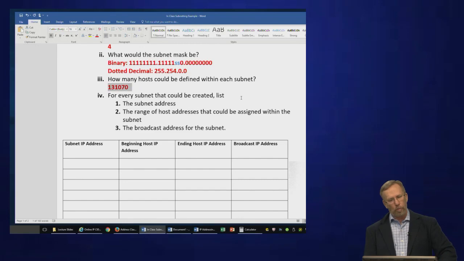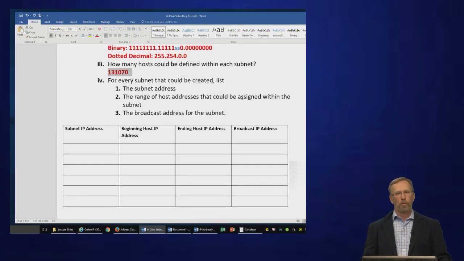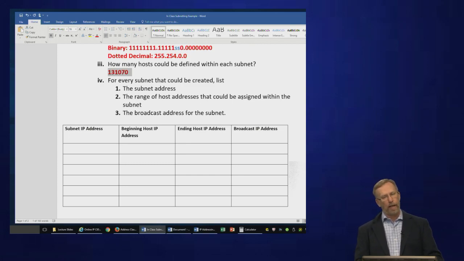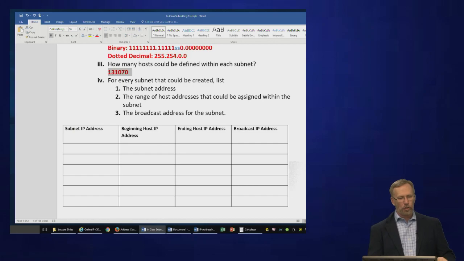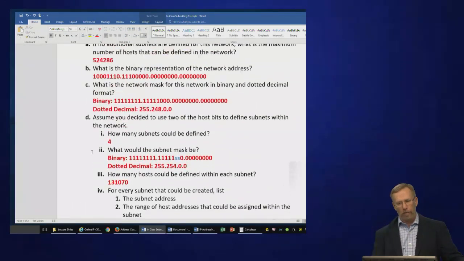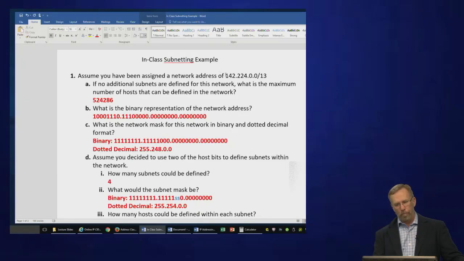So now the question becomes, what are the parameters of each of these subnets? For every subnet that could be created, list the subnet address, the range of host addresses that could be assigned within the subnet, and the broadcast address for the subnet. And we can probably guess the very first subnet is going to be this number here.